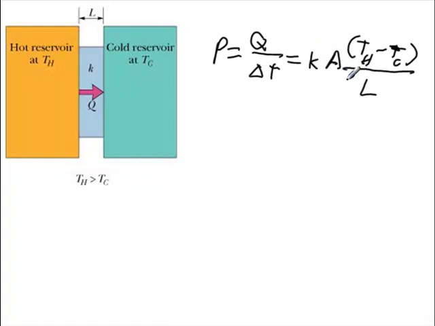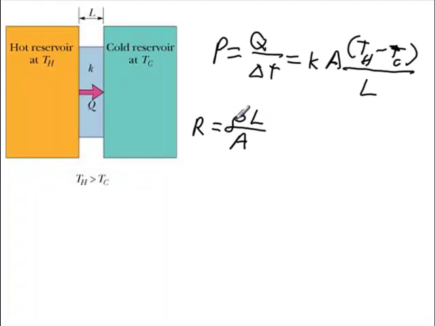And so we find that the power goes through at a rate equal to the conductivity times the area over the length times the temperature difference. This is not that different from resistance. Remember, for resistance, we had that it was equal to the resistivity times the length over the area.